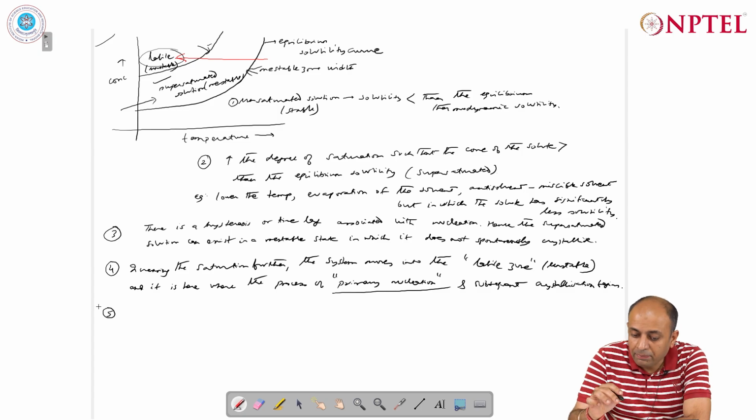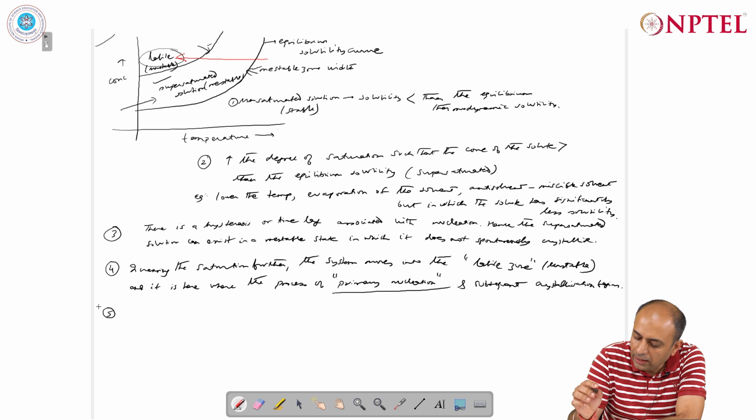So, once you have reached the labile zone, or I would say extremely high levels of supersaturation, that is when the process of primary nucleation and crystallization begins.